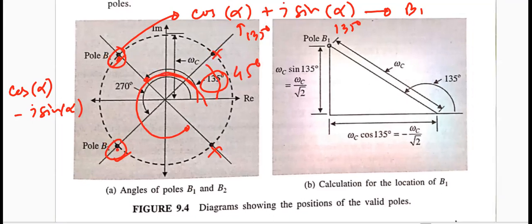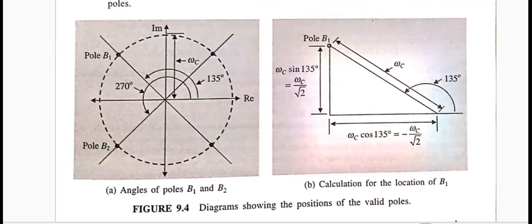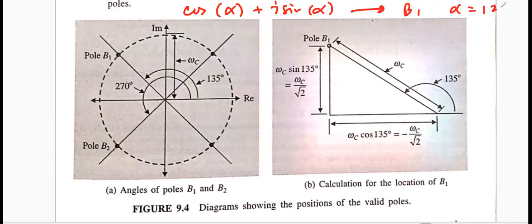It will give us the valid pole B1. Similarly, whenever I take this alpha equal to, let's say, 225 degree, then it will give us the valid pole, but I need to put the plus. However, for both cases, if I want to take the valid poles with a single equation, I can write cos alpha plus j sine alpha. This is for B1, where alpha is equal to 135 degree.